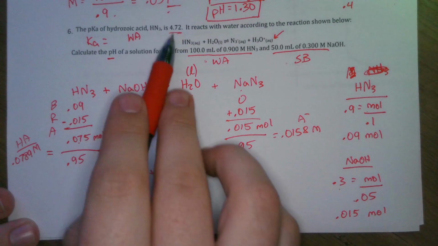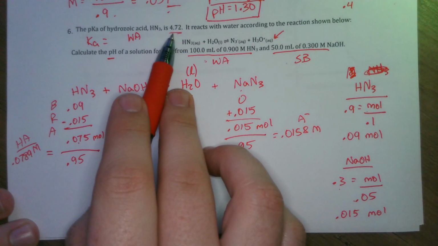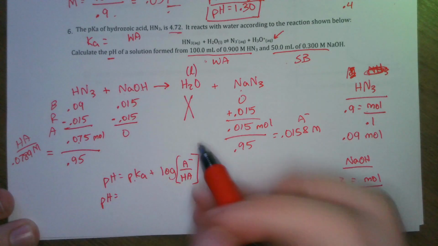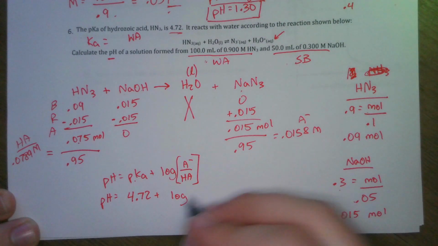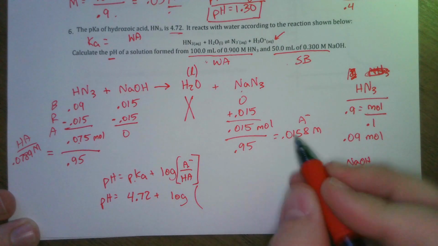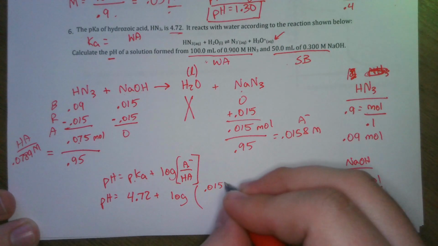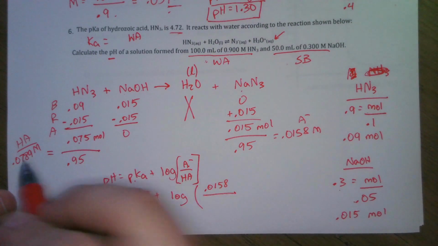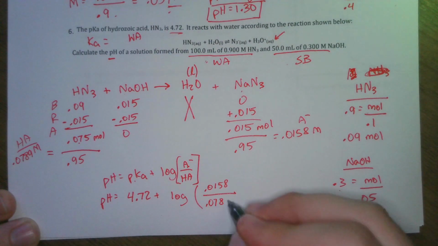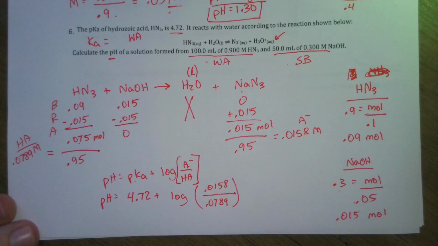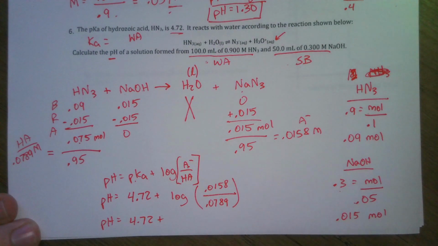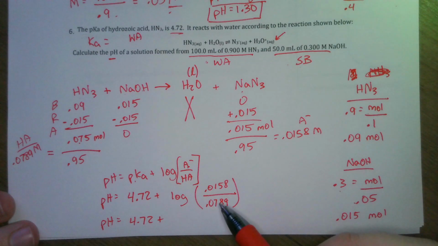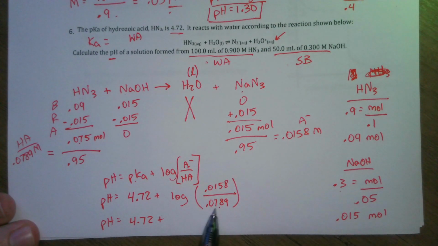Those are the numbers I'm going to plug into my Henderson-Hasselbalch equation. The pKa was already given to me, so I don't even have to do the negative log. I'm just going to write that whole number here, which is nice. Plus the log of my conjugate base, 0.0158, divided by HA, 0.0789. pH equals 4.72 plus this number. When I'm looking at this, I see I have more acid.